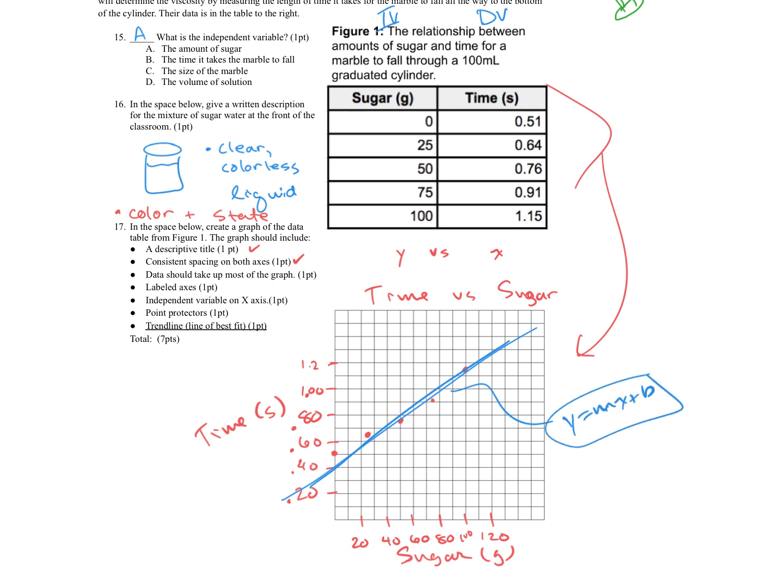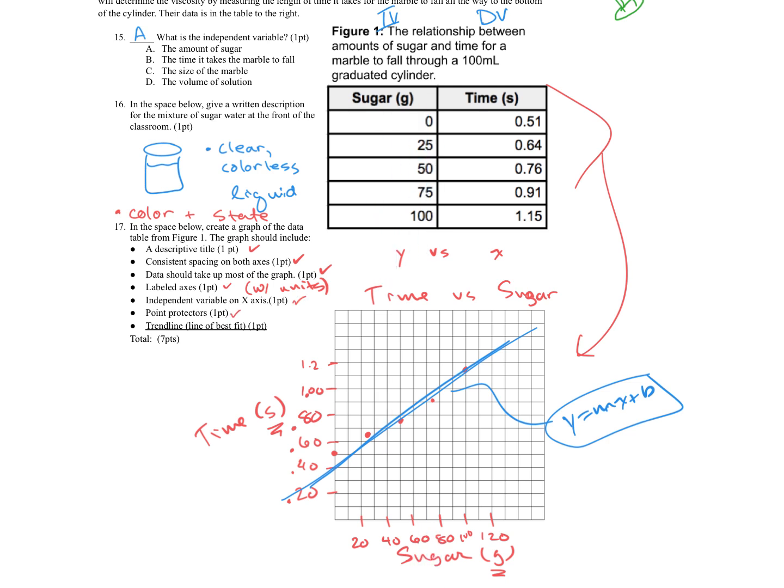Okay, so these are the points that should be present in your graph. It takes up most of the space. All the axes are labeled with units. You can see that I have units on both time and sugar. The independent variable is the thing that the scientist changes, so they were changing the amount of sugar, which goes down here.